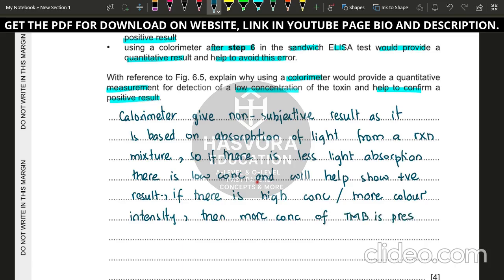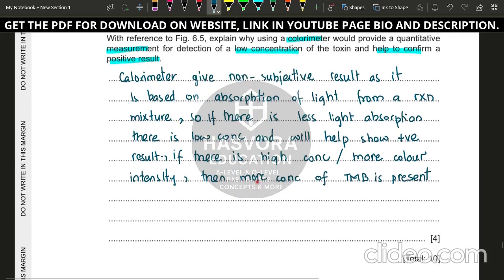Okay, so if there is more color change, there is more TMB present. So this is how it is going to be giving you the result.